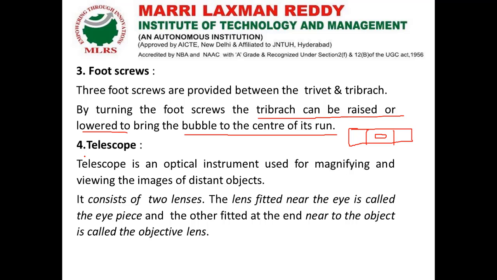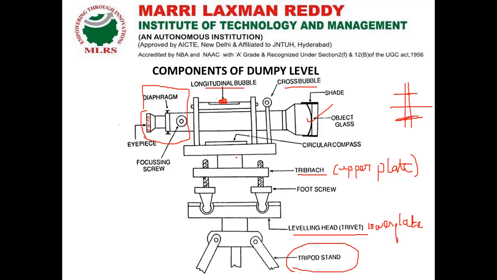So with the help of these two we are going to get the readings very clearly. By adjusting the eyepiece we can get clear visibility of the crosshairs in the diaphragm. By adjusting the focusing screw, we are going to get clear visibility of the object.